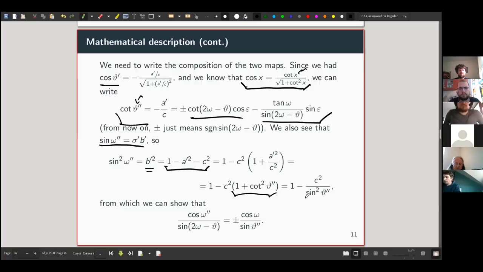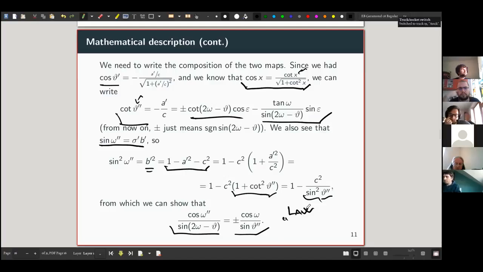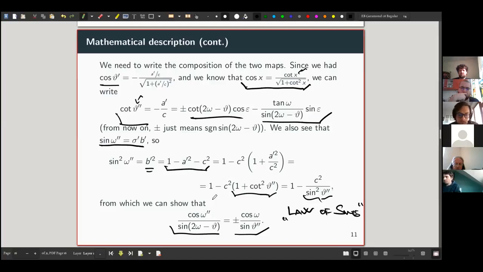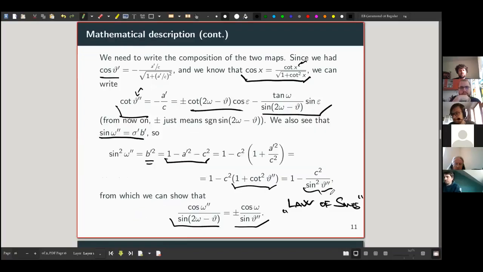So after some more work, we just find that there is this kind of law of sines at work for all of those parameters, which is quite nice, and it will make it reasonably easy to make some approximations later. So these two tricks are quite important for our success.